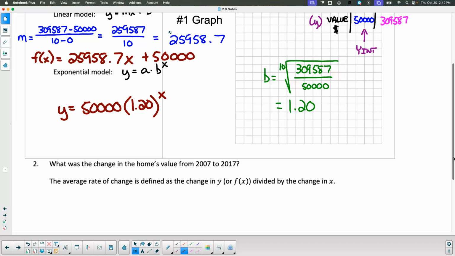What was the change in the value of the home? How much did it go up? Andrew? 25,958.7. No. It went up this number. This number up here is what it went up.